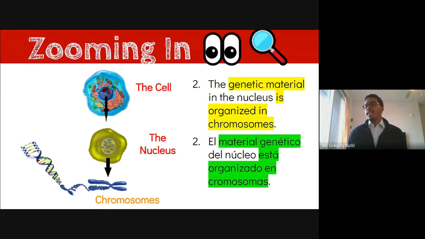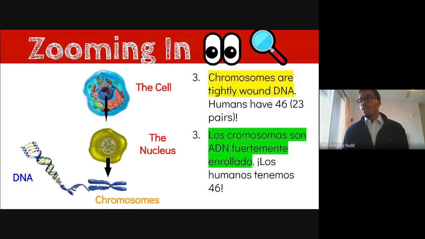And then if we zoom in even further, we find that the chromosomes are just tightly wound DNA in the shape of an X. We'll talk more about this tomorrow, but humans have 46 chromosomes that are organized in 23 pairs.